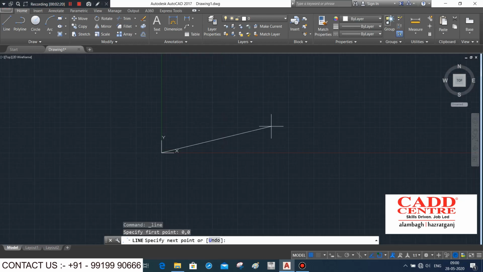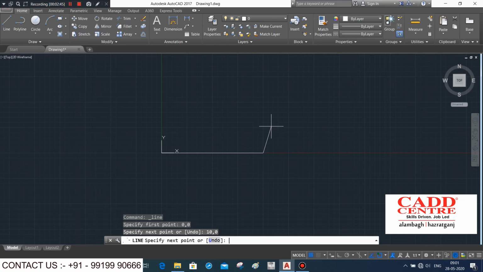Enter. Our point has been set on origin. Now we will provide the length of that rectangle, or we will provide the coordinates for the point B, that is 10, 0. We can see that we have drawn a line in x direction or on x axis.